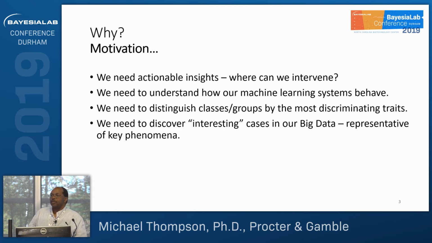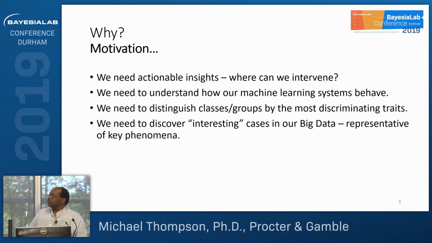We need to distinguish classes or groups by their most discriminating traits, or the things that are most representative of, say, a specific consumer segment or a cluster that you form. And this technology, or at least the major metric that I'll go over, which Lionel introduced yesterday, is great for that.